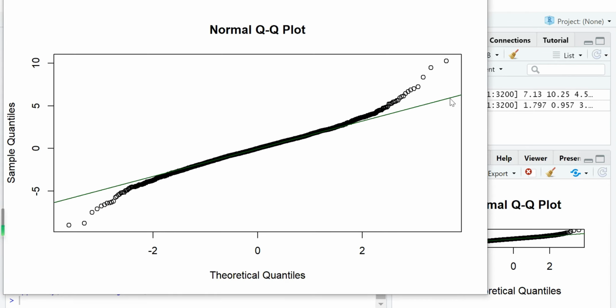It is quite different from a straight line, especially on both ends. About 50% of the values do not stay on this straight line, from this area and from this area. The logistic distribution is S-shaped, right? S-shaped.